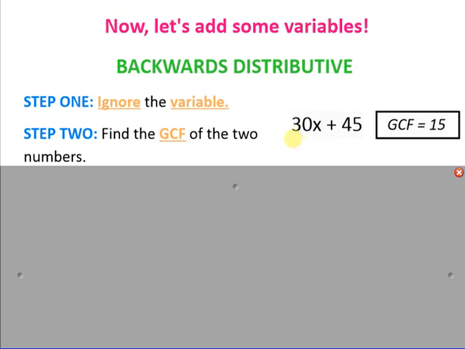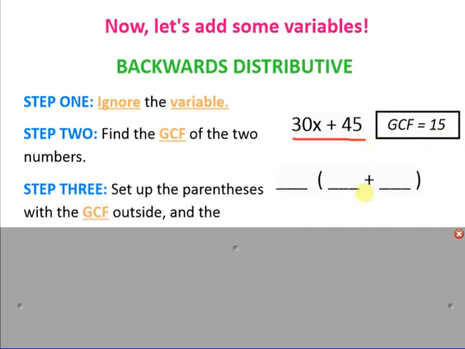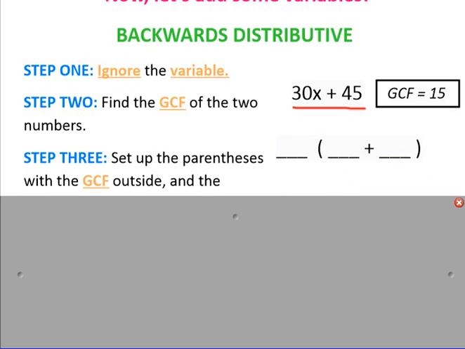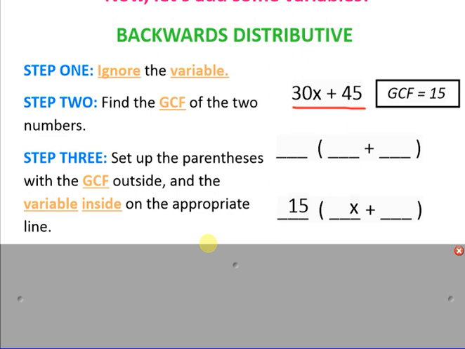So if this is your problem here, 30x plus 45, you're going to ignore the variable, pretend it isn't there. Find the GCF of 30 and 45. Your GCF is 15. Step 3, you're going to set up your forwards distributive property parentheses like you normally would, and you're going to put the GCF on the outside line like you normally would.